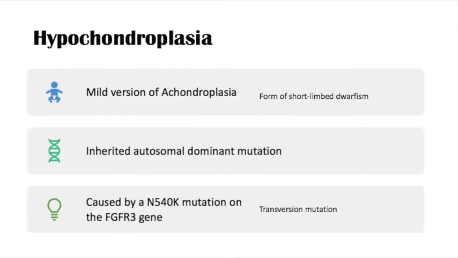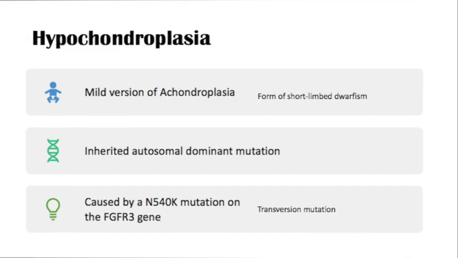Hypochondroplasia is a mild form of achondroplasia, but is caused by a transversion mutation on the FGFR3 gene, which is a single point mutation where a purine, which is an adenine or guanine, is substituted for a pyrimidine, which is a cytosine or a thymine.